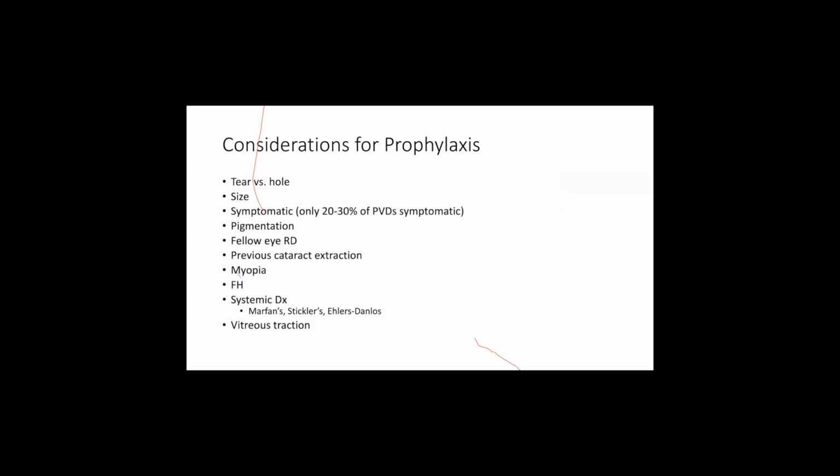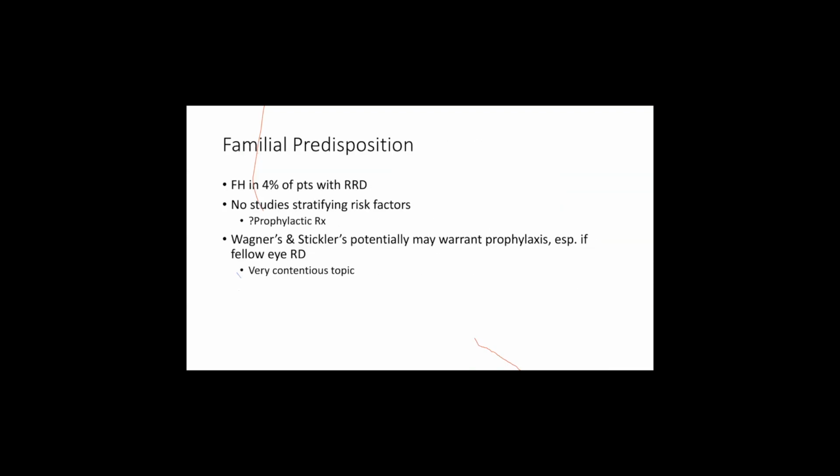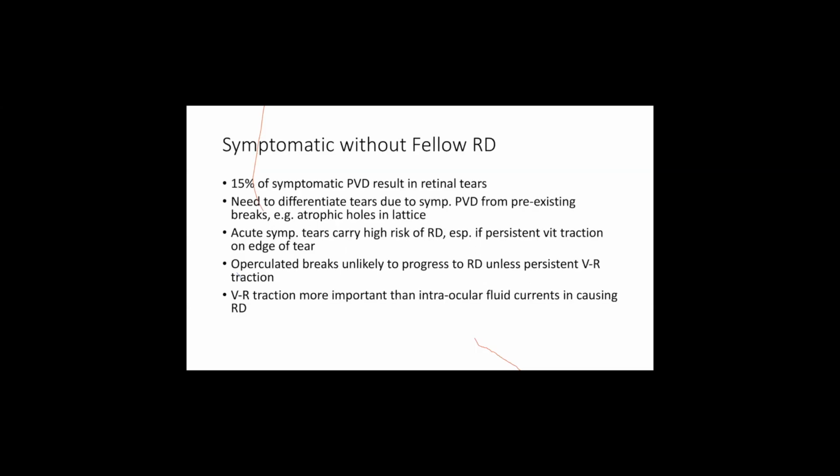If they have other issues like Marfan syndrome, Stickler, or Ehlers-Danlos, I also consider prophylaxis. If they have a familial predisposition, I'll have a discussion with them about what to do. It's a very contentious topic to do prophylactic treatment in someone's eye because they are at relative risk of a retinal detachment.